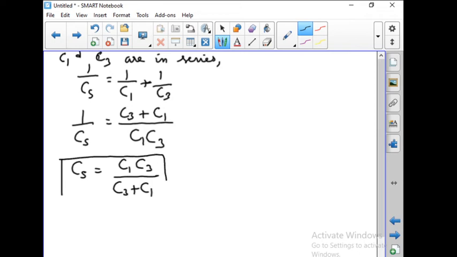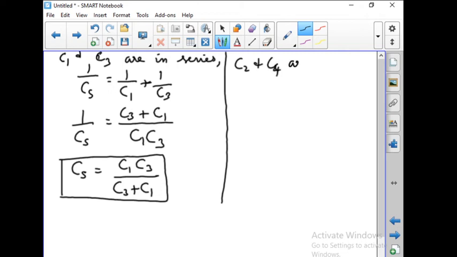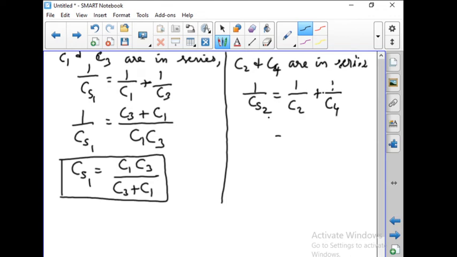So we have calculated for one side. Similarly, C2 and C4 are in series. We can name it as Cs2. 1 by Cs2 is equal to 1 by C2 plus 1 by C4.